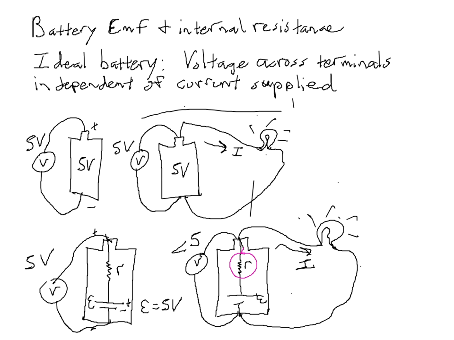So the EMF of this battery is still 5 volts, but the terminal voltage is going to be something less than 5 volts when I connect a resistor to it, something like a light bulb, so that current is flowing. And in the next video, I will work an example problem showing you how to calculate the terminal voltage of a battery when you have a certain internal resistance and a certain resistor connected to it.